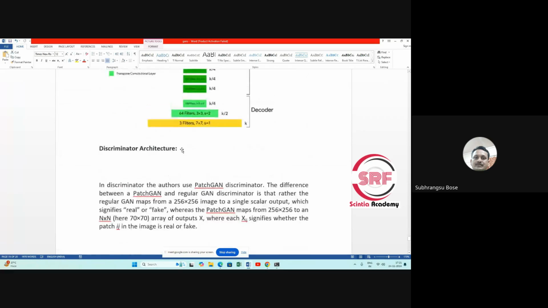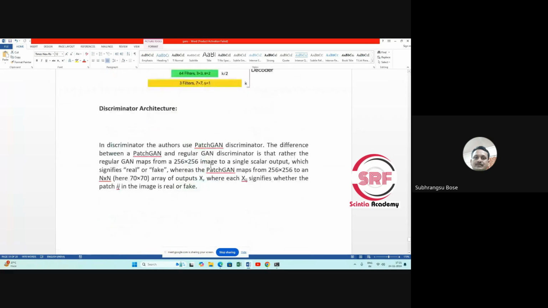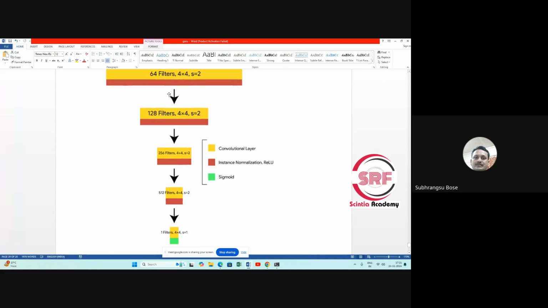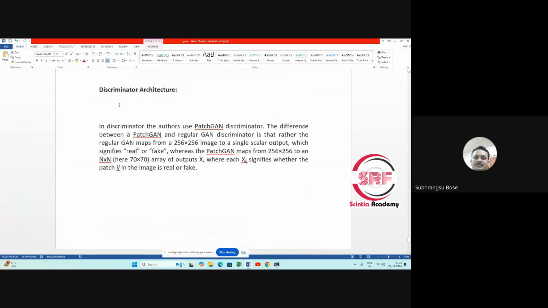This is the generator architecture, and this is the discriminator architecture. The number of channels is increased first in the discriminator because the discriminator analyzes the image. That's why it needs a good number of channels.